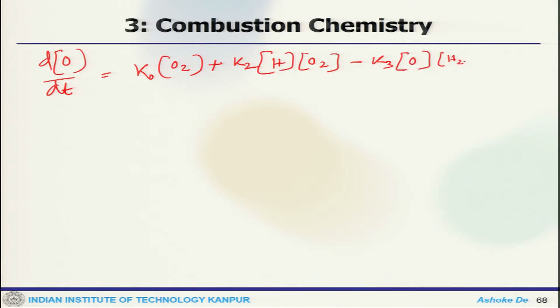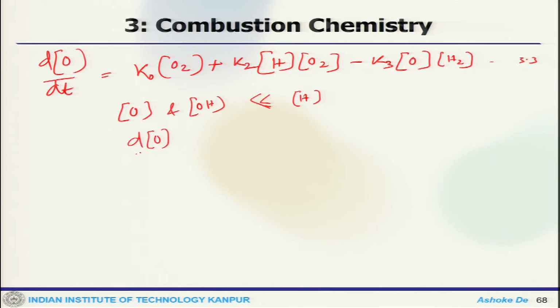Since O and OH are both much lower than H, we can assume that both of these species are at steady state.